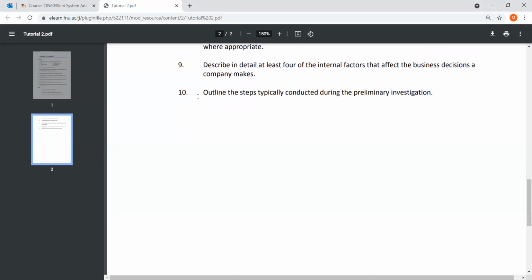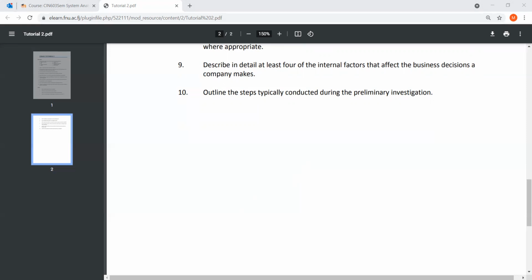Let's move on to the very last question that we have, and the question reads: outline the steps typically conducted during the preliminary investigation. If you read through the notes very well, there are 6 steps in total. We'll put it down in the simplest way possible.